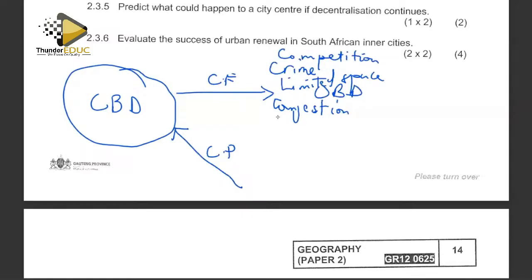Those are things that repel activities from the CBD to the outlying business district. Then the centripetal, we look at things like prestigious location for prestigious reasons.